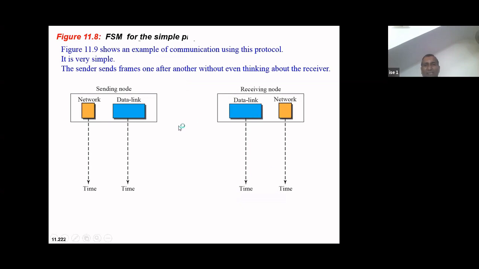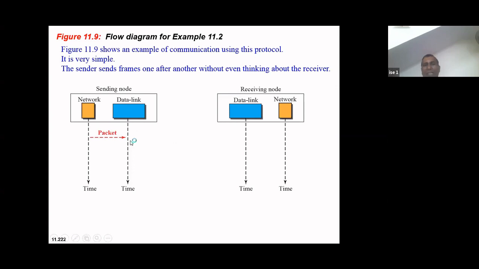Let us see the same thing through the diagram. Simple protocol. In this simple protocol, you have the network layer, the time axis, the data link layer, and the receiving node with its data link layer. Whenever a packet comes from the network layer, it comes to the data link layer.